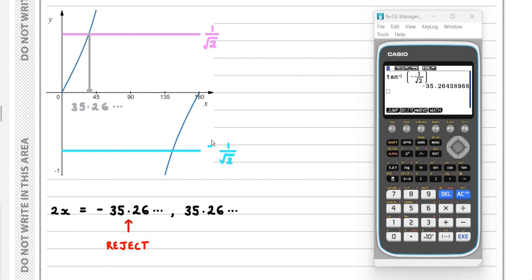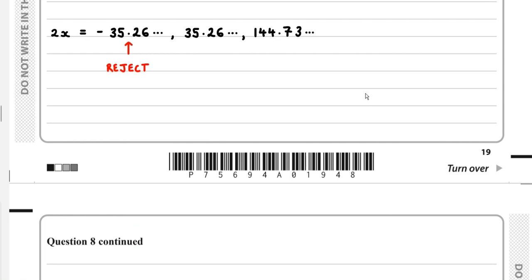So to find the next value, we would have to add on 180 to this, leaving us with 144.73, etc. So 2x will also equal 144.73, etc. And so to find out what x is, we have to divide these values by 2 and give our answer to one decimal place.